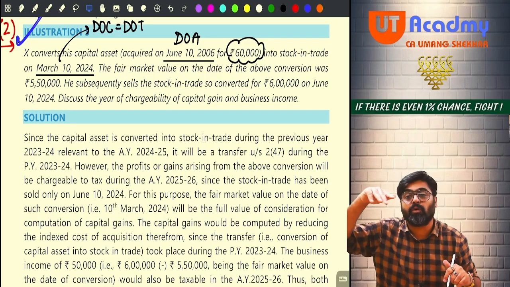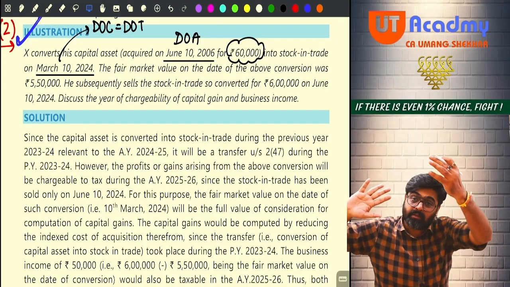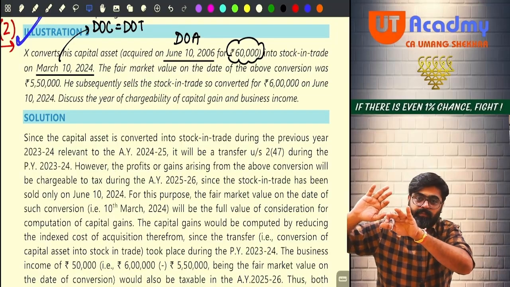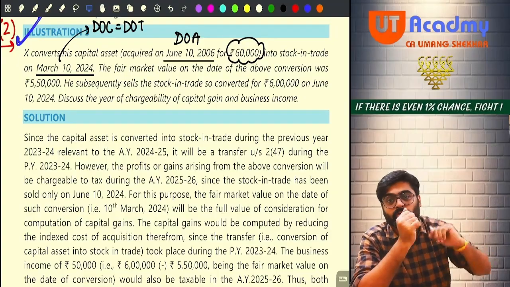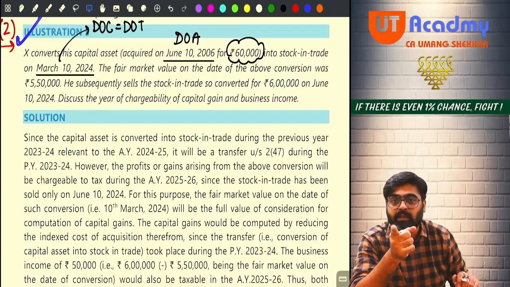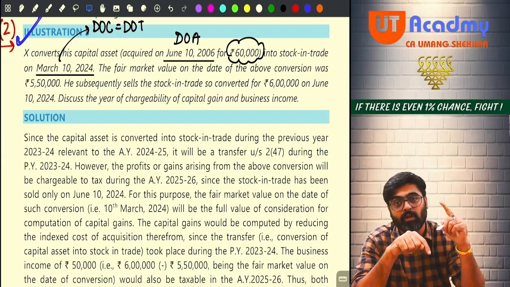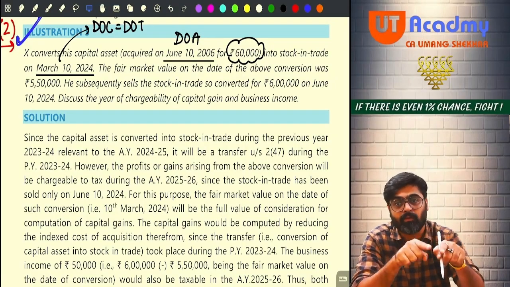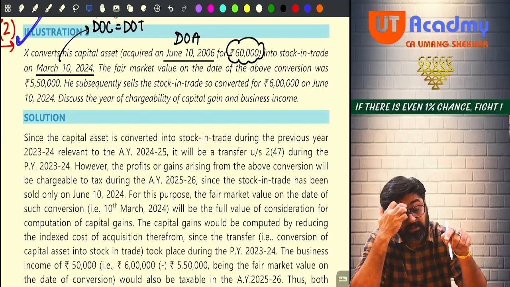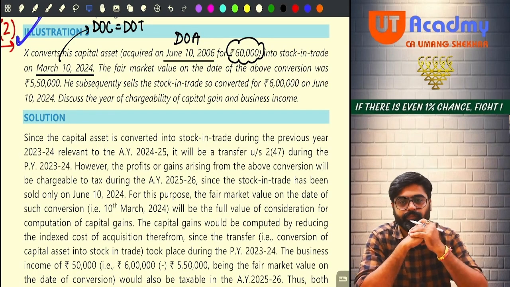Meaning that the stock in trade is not sold in 23-24 on 10th March. No, on 10th March it got converted into stock in trade. Now that stock in trade is being sold in the previous year 24-25 on 10th June 2024. So can I say in the previous year 24-25 two gains will be calculated? PGBP will be calculated and capital gain will also be calculated, and both will be taxable in the year 24-25, because 24-25 is the year in which the stock in trade is sold.